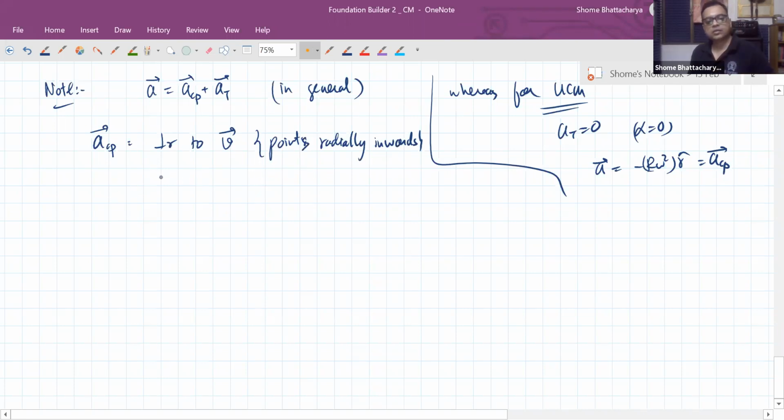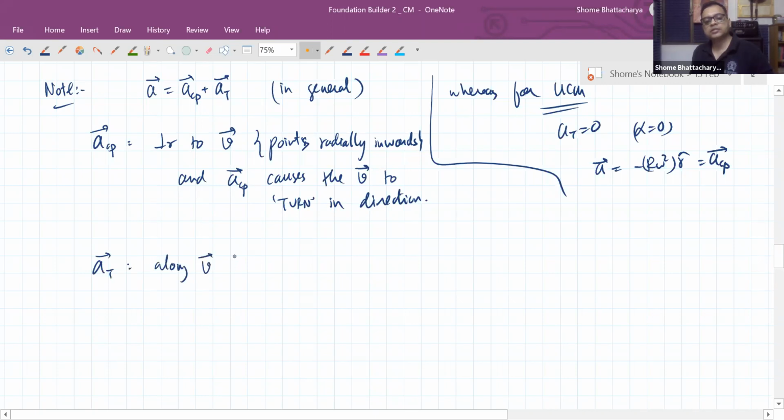And centripetal acceleration causes the velocity vector to turn in direction, whereas tangential acceleration is along the velocity vector. It points tangentially.